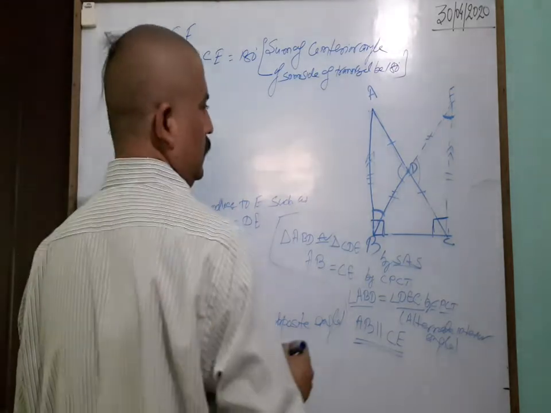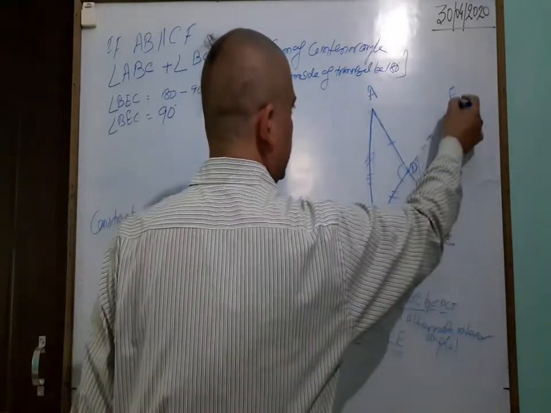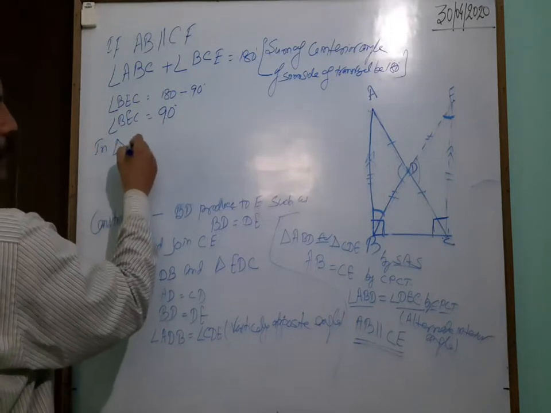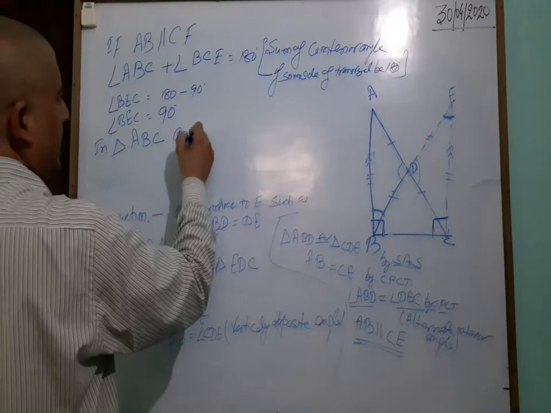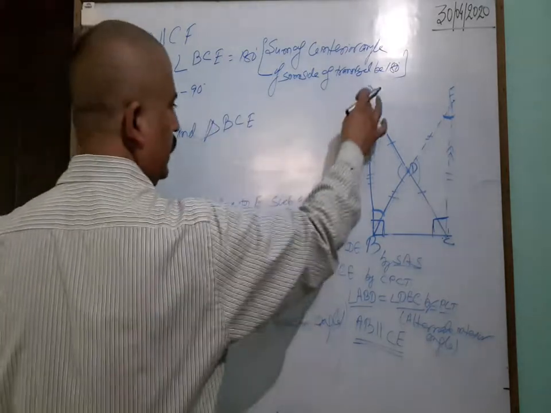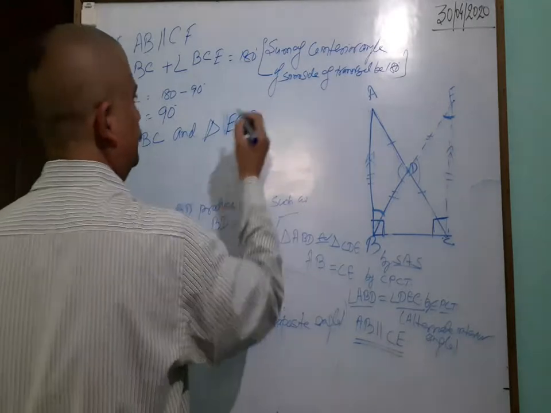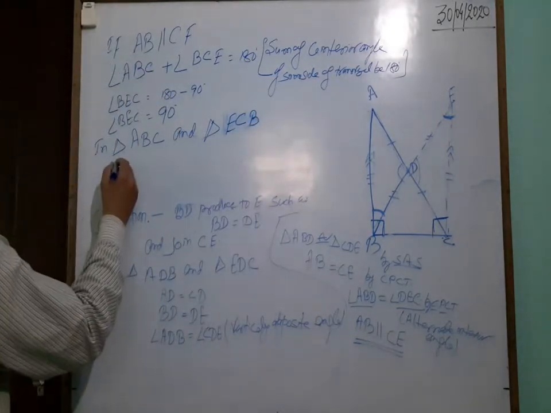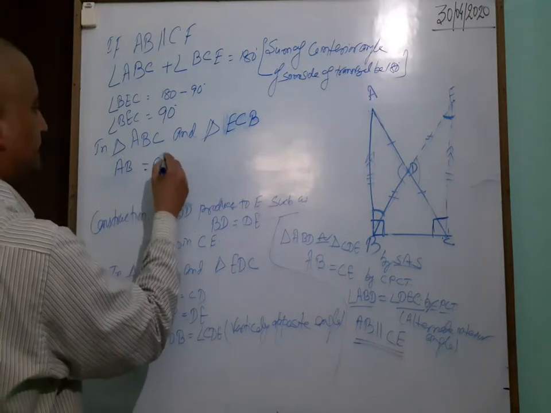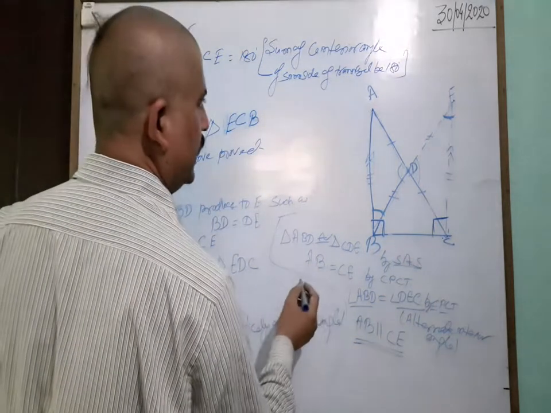Next, in triangle ABC and triangle BCE. In triangle ABC and triangle ECB, AB equals CE, above proved, by CPCT.